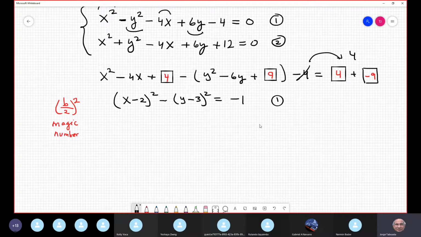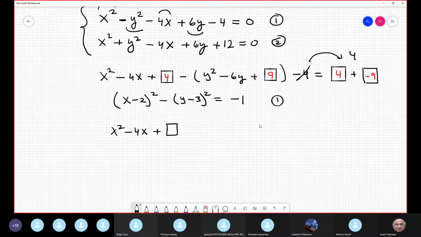Let's do exactly the same in equation 2, and you will see a surprise. In equation 2, we have x squared minus 4x plus something. In this case, not necessarily minus, it's plus.